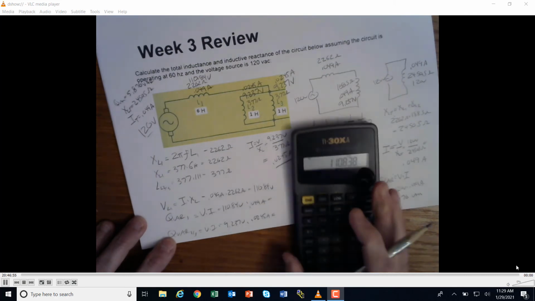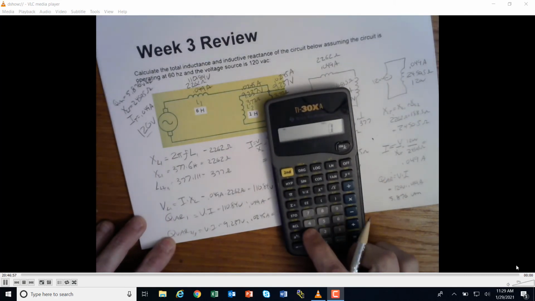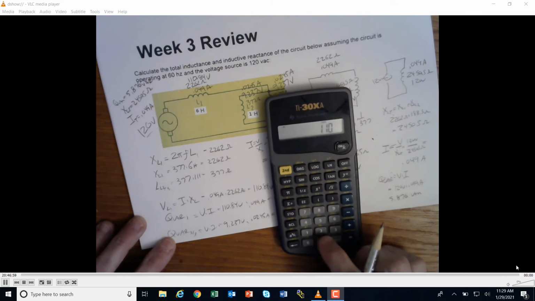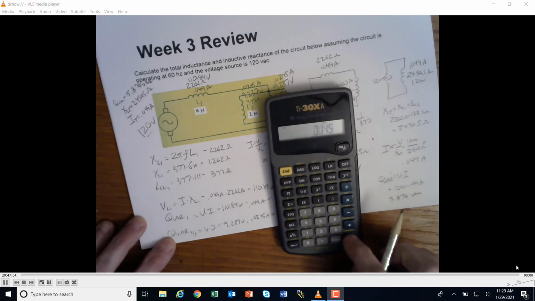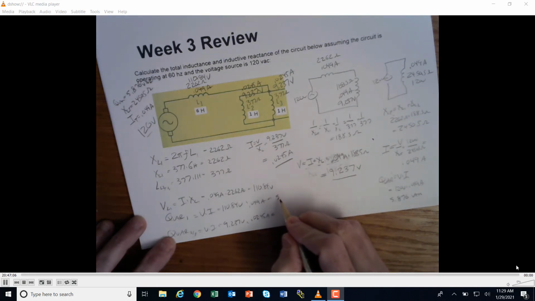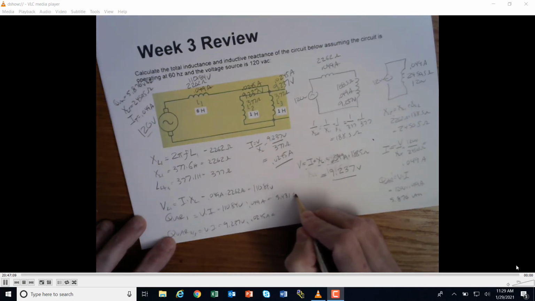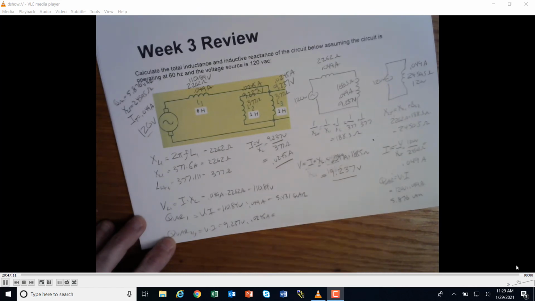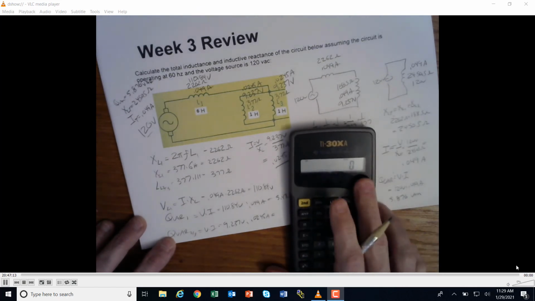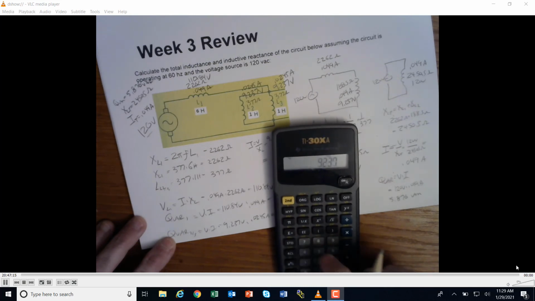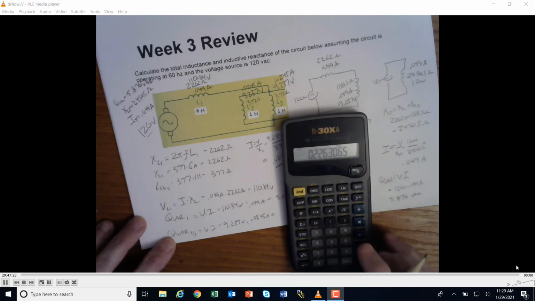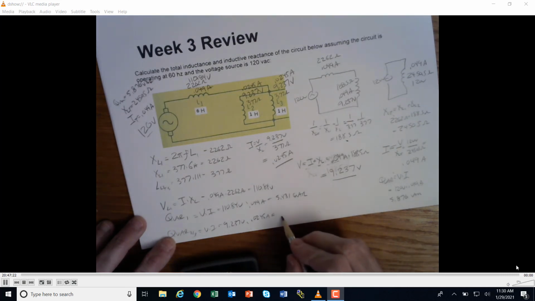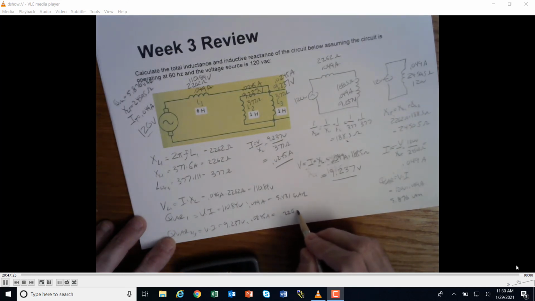And so you multiply those together, you get 110.84 times 0.049, giving me 5.431 Q var. And then these ones right here are going to be 9.237 times 0.0245 equals 0.226 Q var. That looks a little bit low.